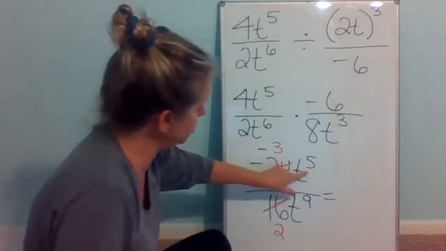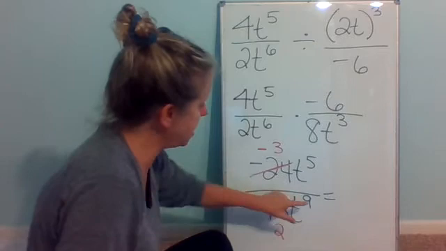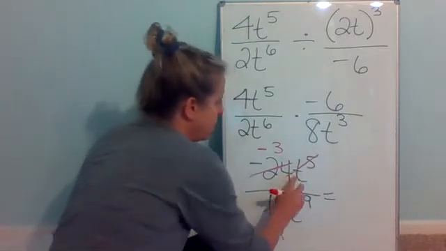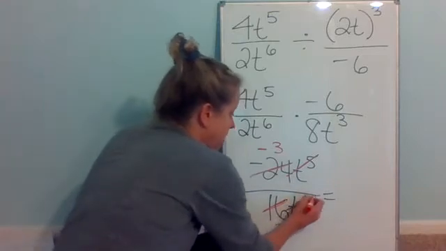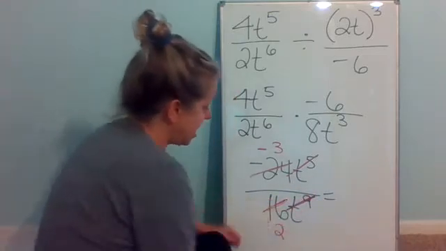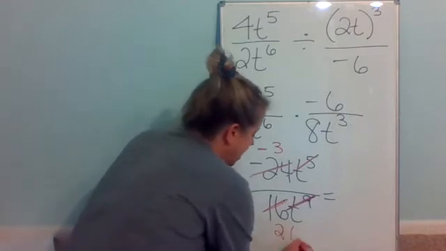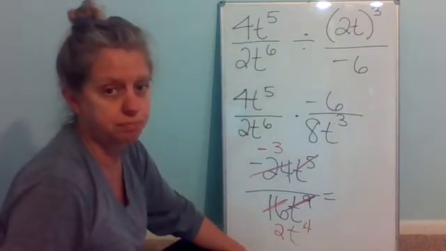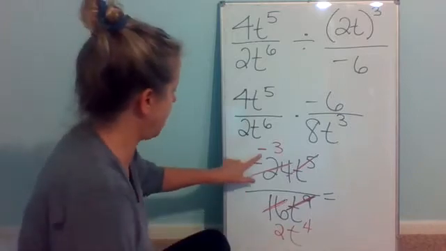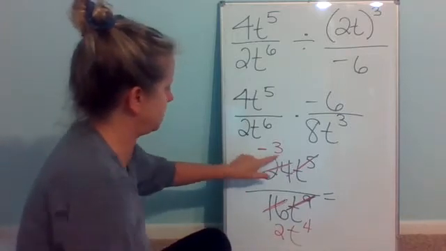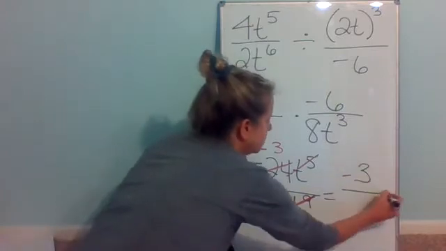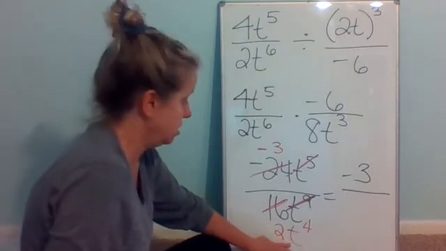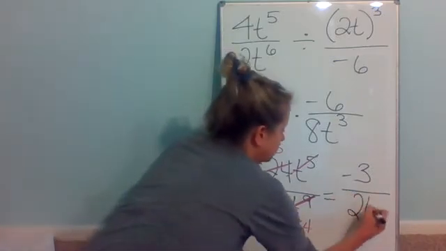Or you could think, well, there's 5 here and 9 here, which means if I cancel 5 of these with 5 of these, I still have t to the 4th left over in the bottom. So up top, all I have left is that -3 over what's left in the bottom, 2t to the 4th.